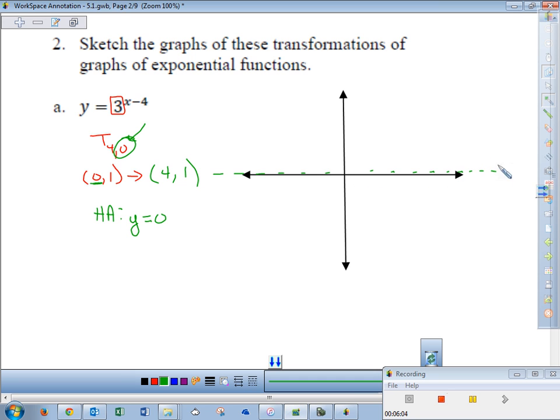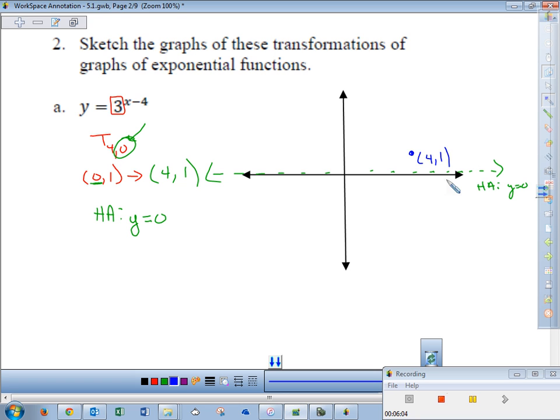Make yourself an axis if your paper doesn't have it. You need to make a sketch of this. It's got a horizontal asymptote at y equals 0. And then the point 0, 1 has moved to 4, 1. So just roughly guesstimate where 4, 1's at and put it. There's 4, 1.